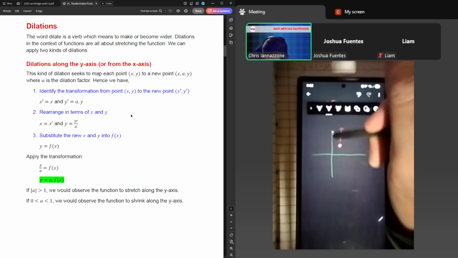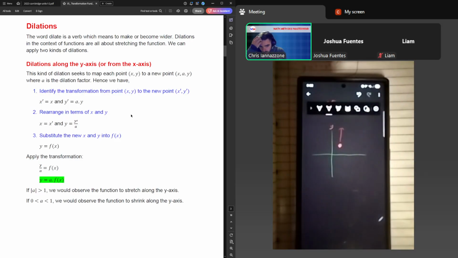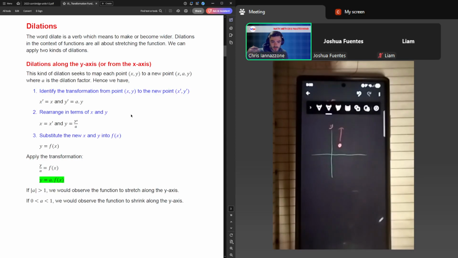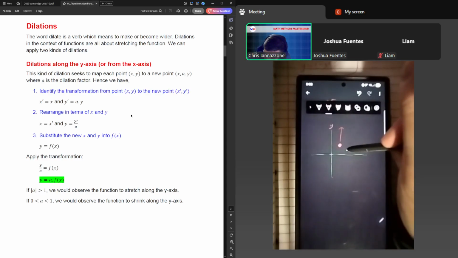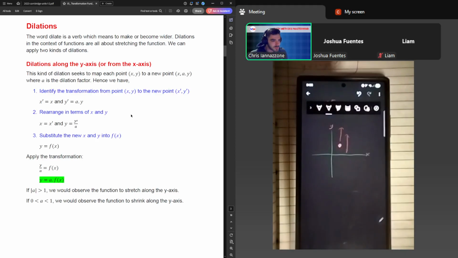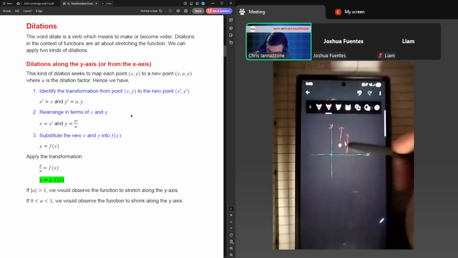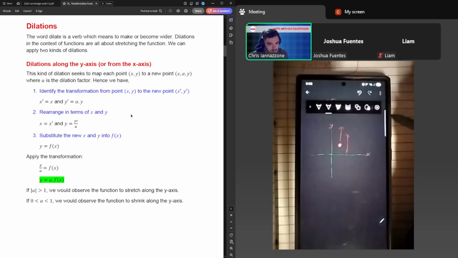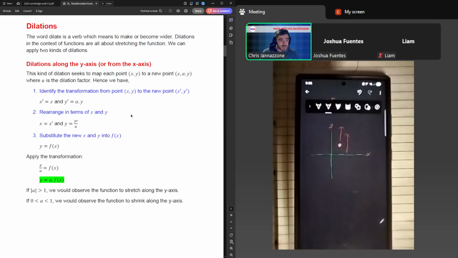It's going along the y-axis. But an alternative way to imagine that is that it's going away from the x-axis. It's going away from it. The book will typically say from the axis. So when you see that, just be aware that it's pointing in the y direction.